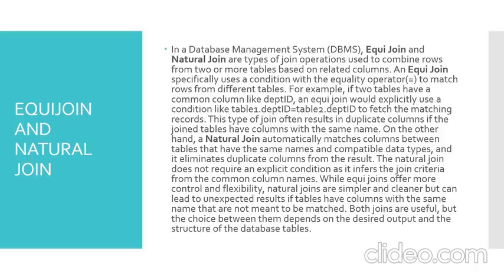The problem with natural join is that it might join two columns even if they are not meant to be joined, because of having the same column names. Both joins are useful, but the choice between them depends on the desired output and the structure of the database tables.